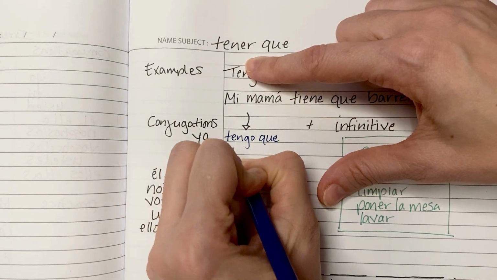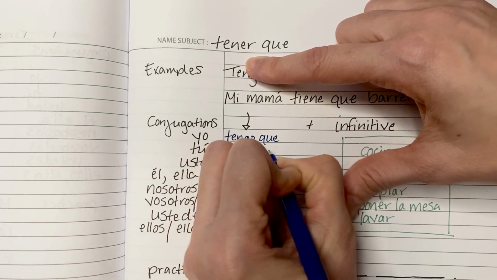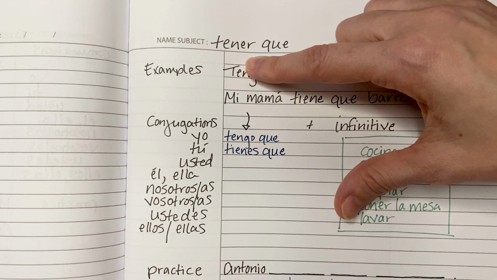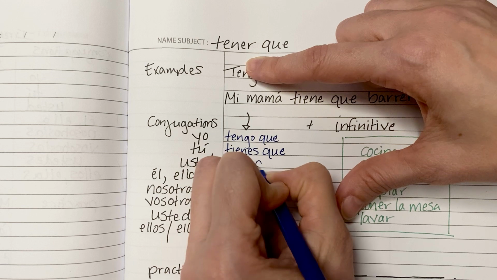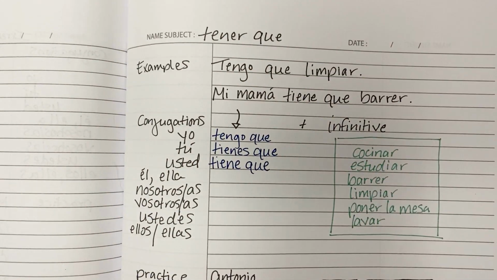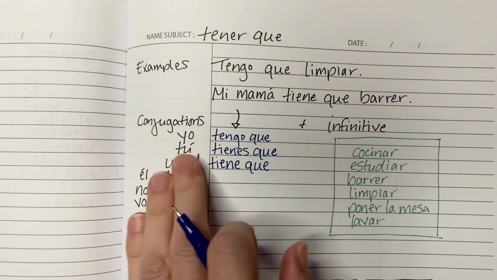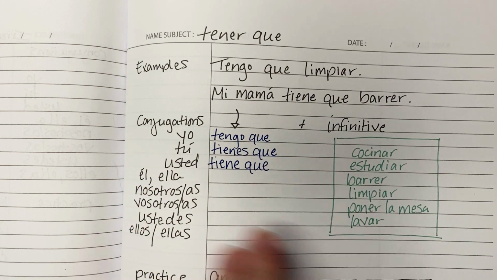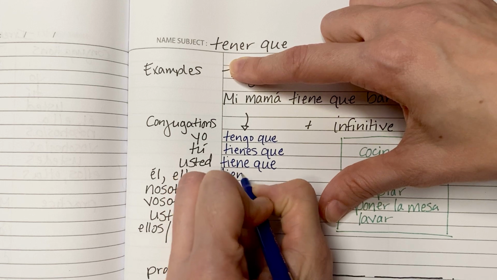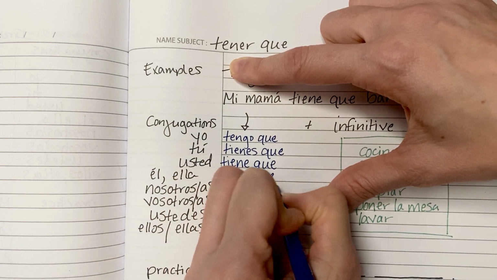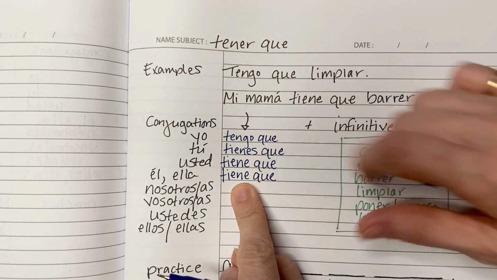So tienes que is the informal, and tiene que is the formal. So you have to, in the informal, tienes que, formal, tiene que, he or she has to, él or ella, tiene que, always the same as usted, right?